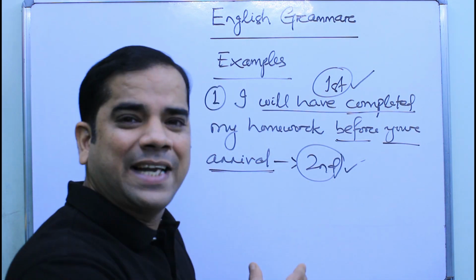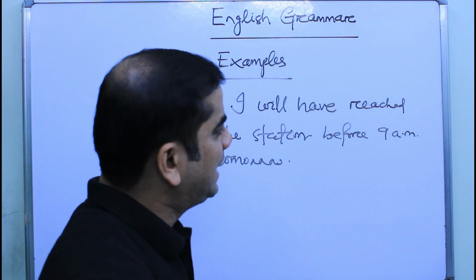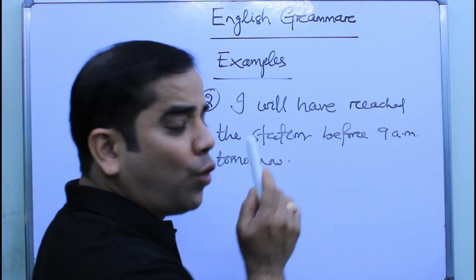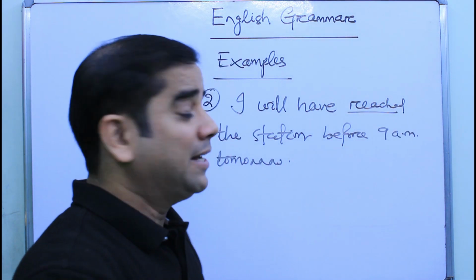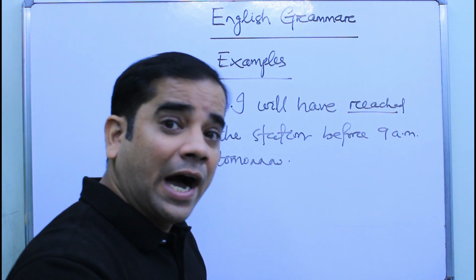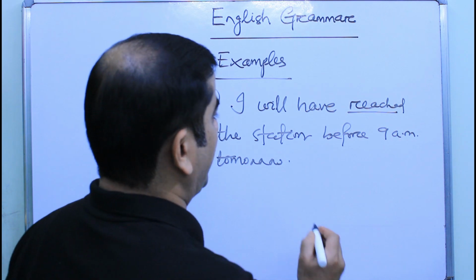Let us take another example. Students, here in this sentence there is only one verb, that is reach. But you can see that we are indicating two different time periods.